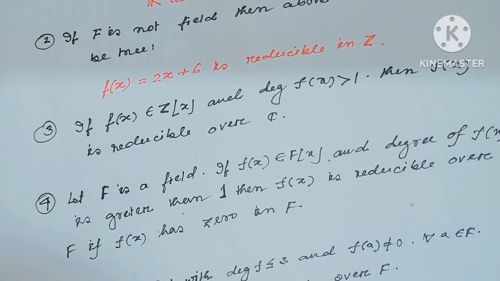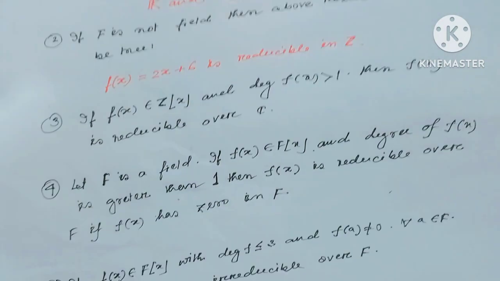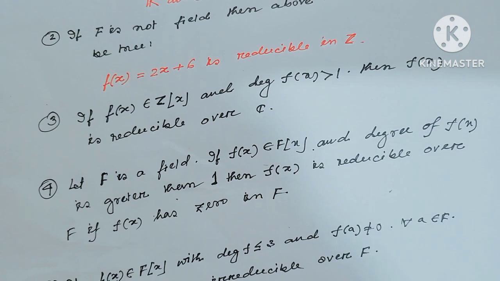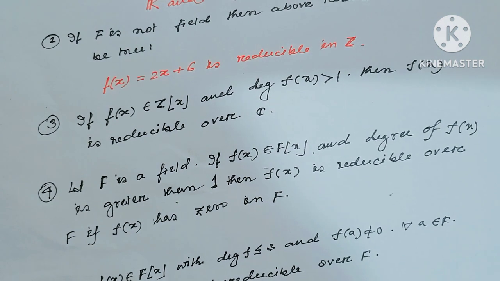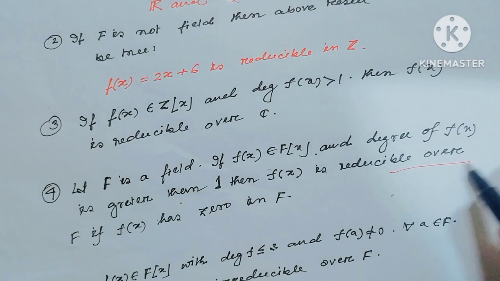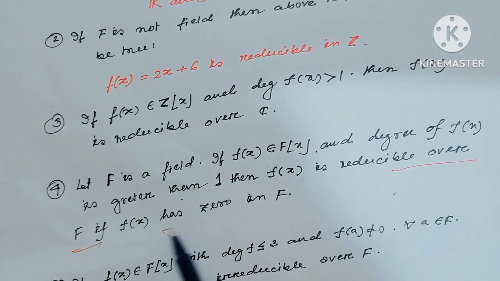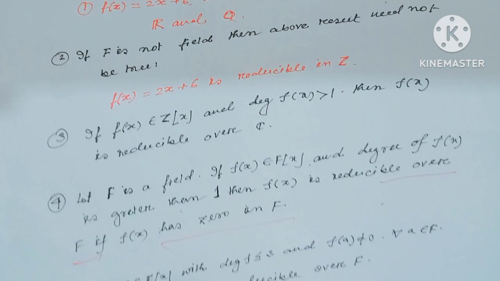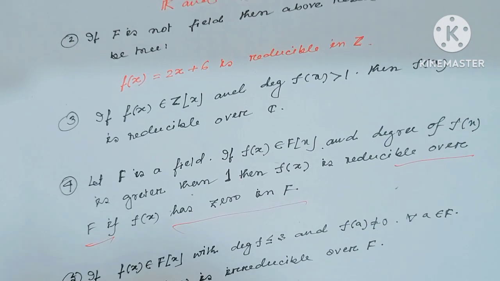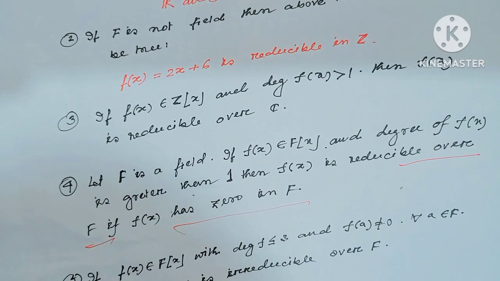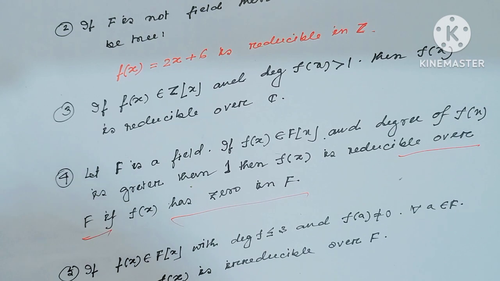Fourth, if F is a field and f(x) belongs to F[x] and degree of f(x) is greater than 1, then f(x) is reducible over the field F if f has a root in F. That means if f has a root in this field, then we can always tell it is reducible.